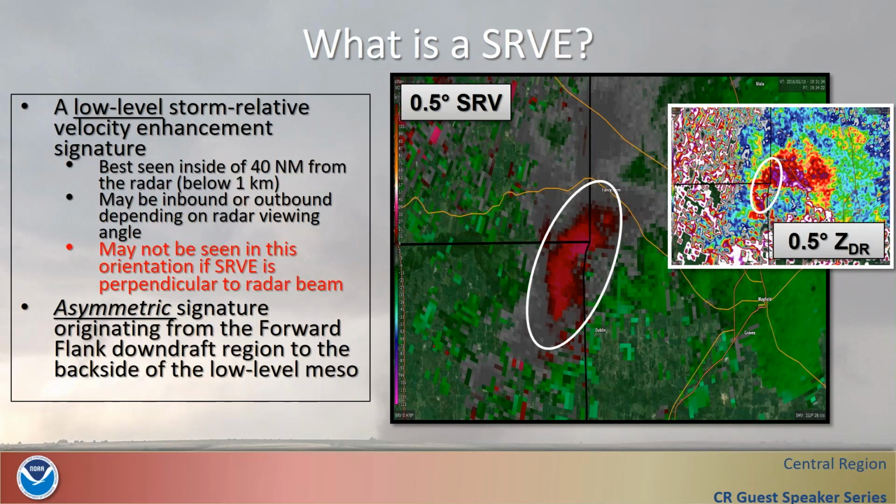The circled area shows you where the SRVE occurs in relation to the ZDR, in this case a well-defined ZDR arc. As a quick refresher, those reds, pinks, and orange colors represent higher ZDR values, which, because of the oblateness of the raindrop, suggests large drops in that area.